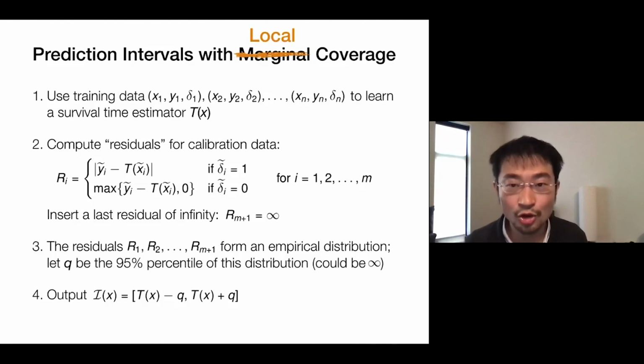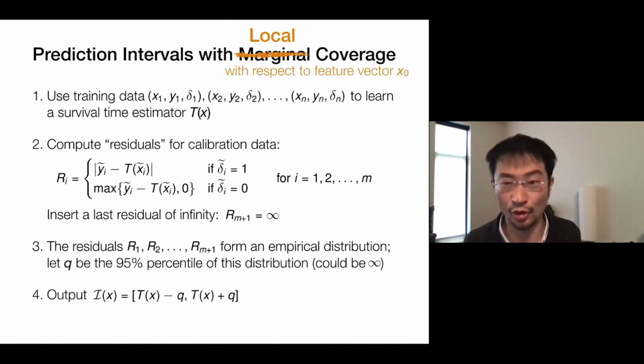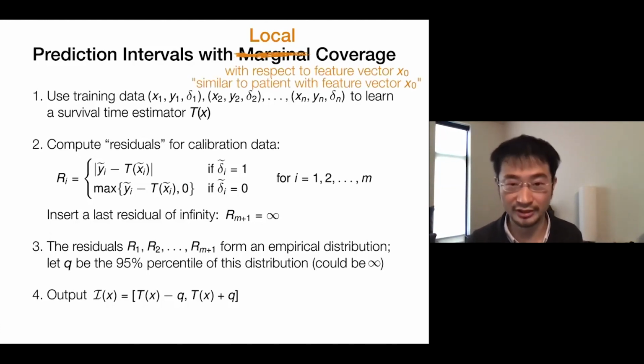So when we talk about local, we need to say local with respect to who. You can think of it as a patient with some feature vector x0. We always need to anchor who we are talking about being local to.